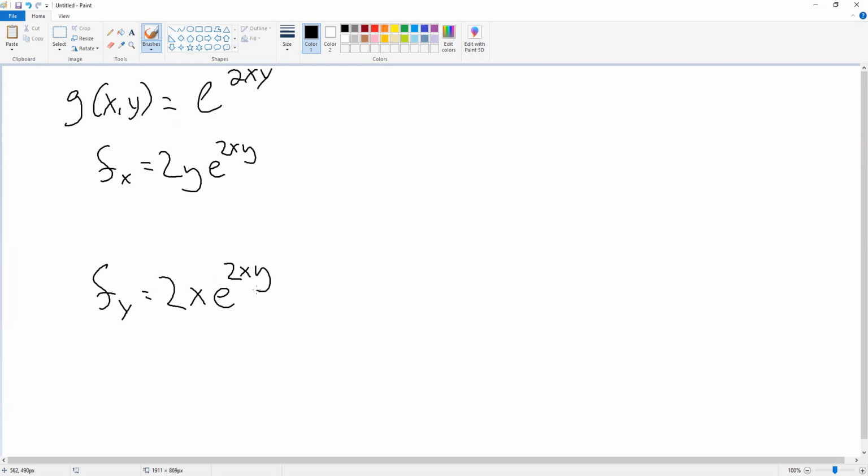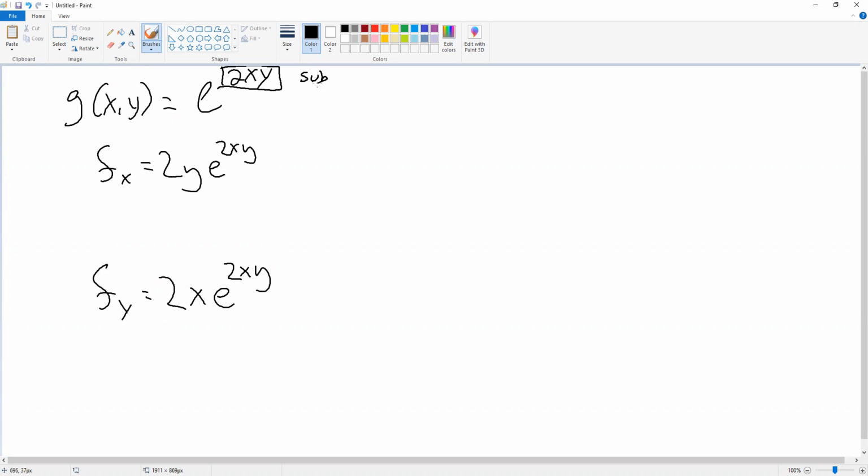Do we all agree? Yeah, right, because we're taking e to the x. E to the x is just basically e to the x again. Then we have to do a small little substitution.